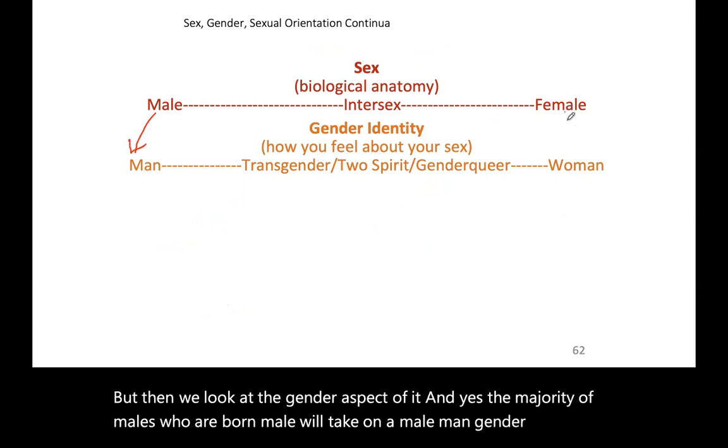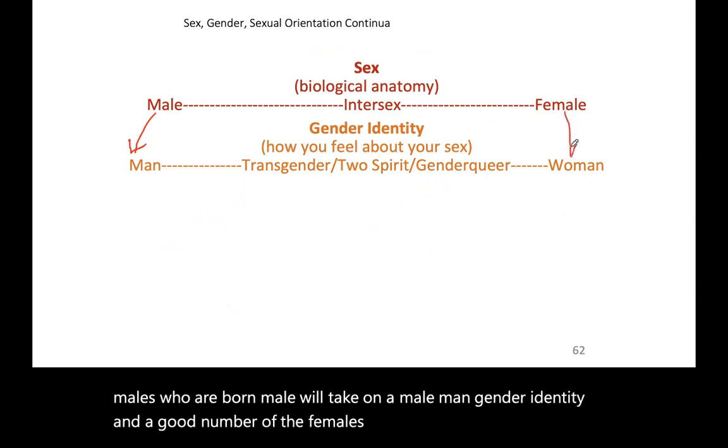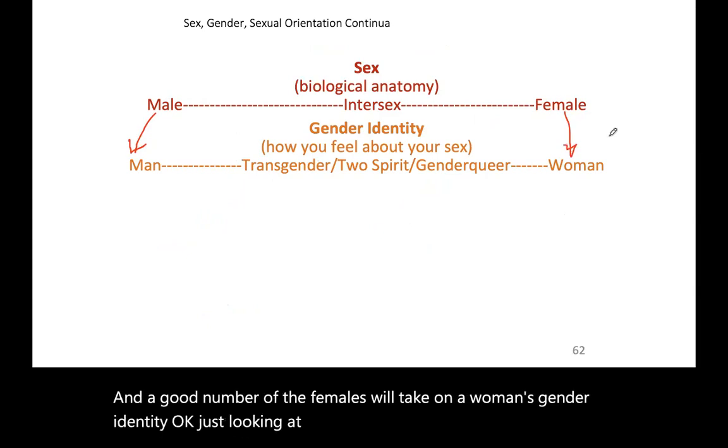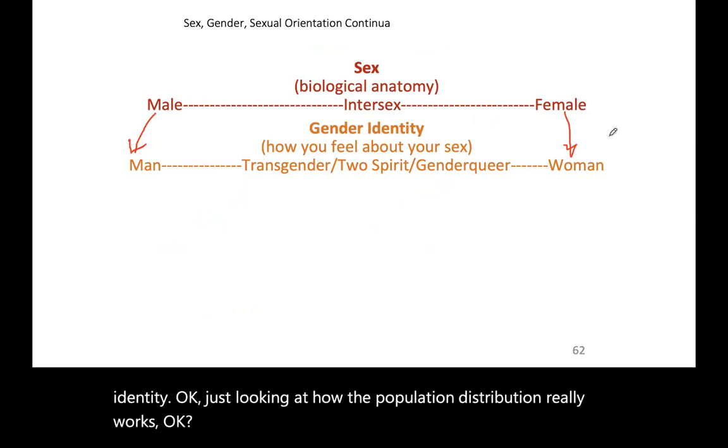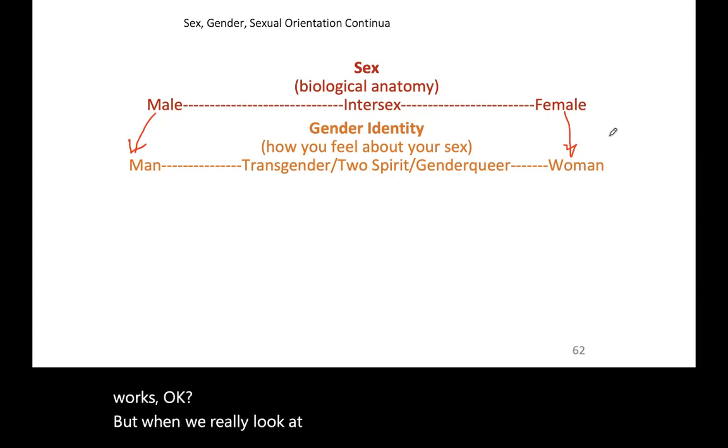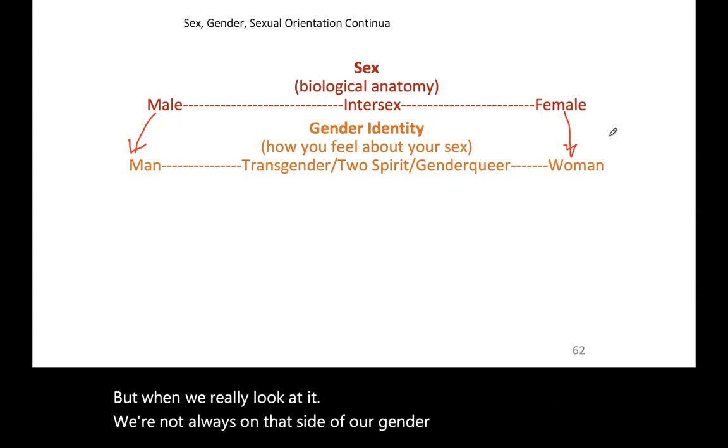And a good number of the females will take on a woman gender identity, okay? Just looking at how the population distribution really works. But when we really look at it, we're not always on that side of our gender identity, okay?